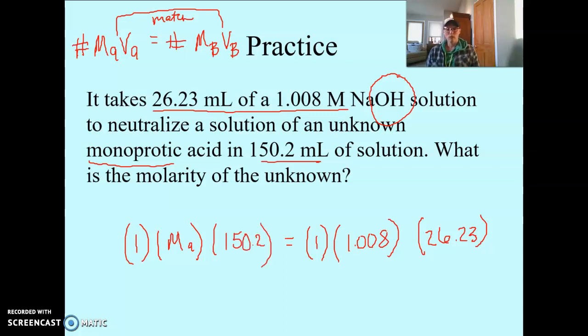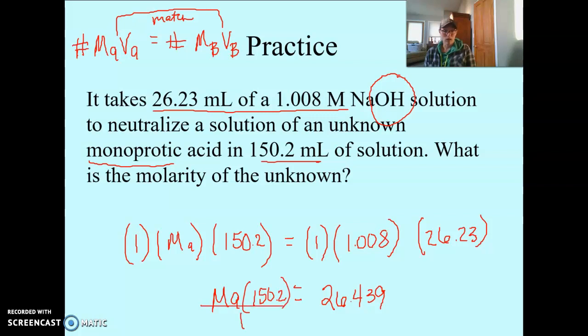So first thing we want to do is multiply on the right-hand side. 1.008 times 26.23. So over here we get 26.439. And on the other side, obviously the 1 we can just forget about. We want to divide that. So we had the molarity of the acid times 150.2.